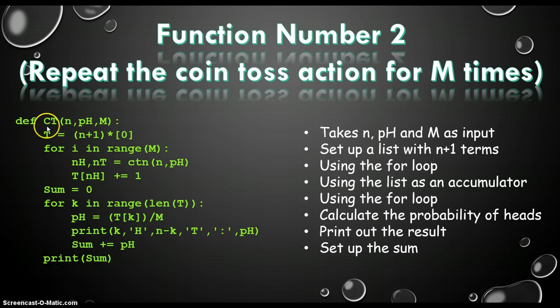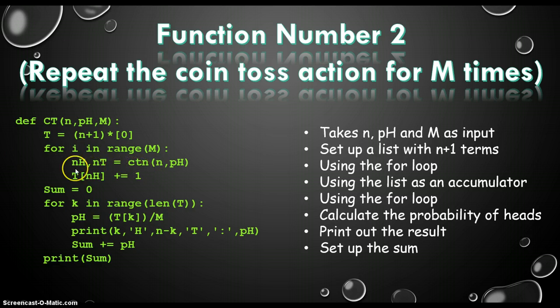Inside, we set up a list with n plus 1 terms, and all the terms in this list are 0. Then here is the action of flipping the coin n times, and we're doing that m times. That's why we need to use a for loop here.